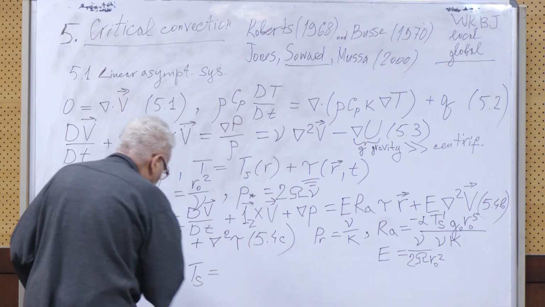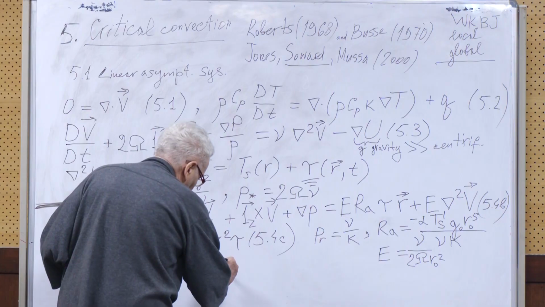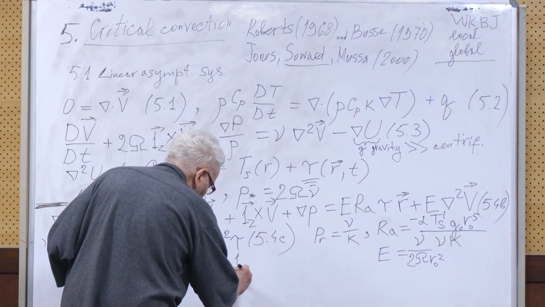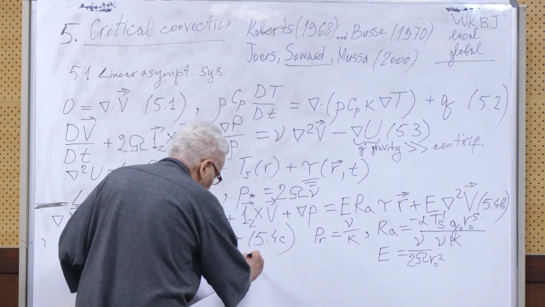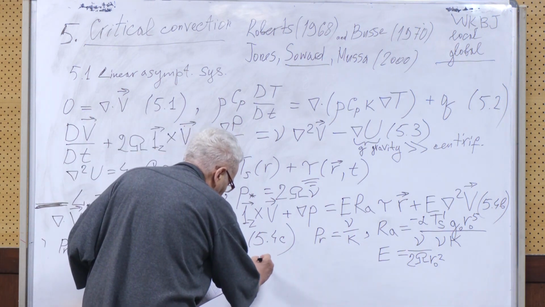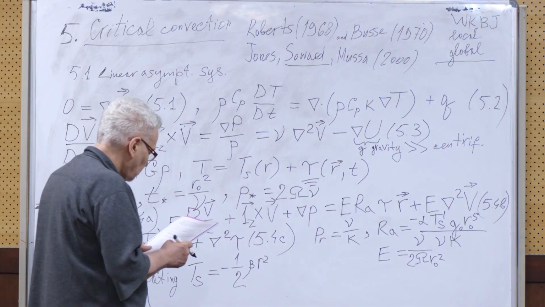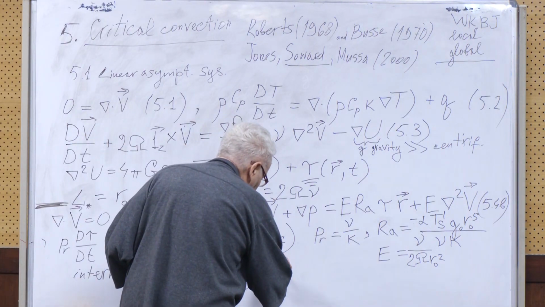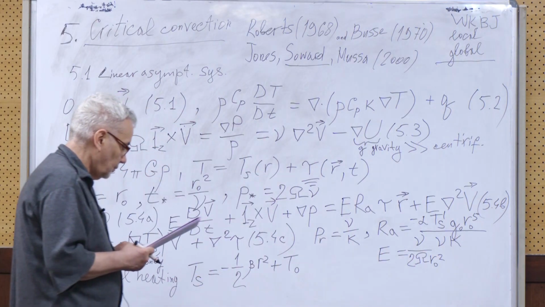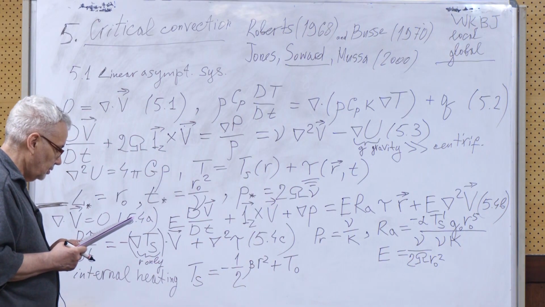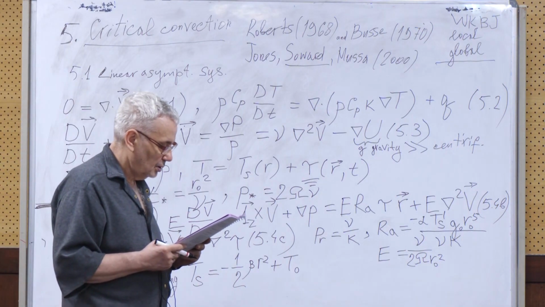Ts is equal to minus 1/2 beta r square plus T0. T0 is the value of the temperature on the boundary.